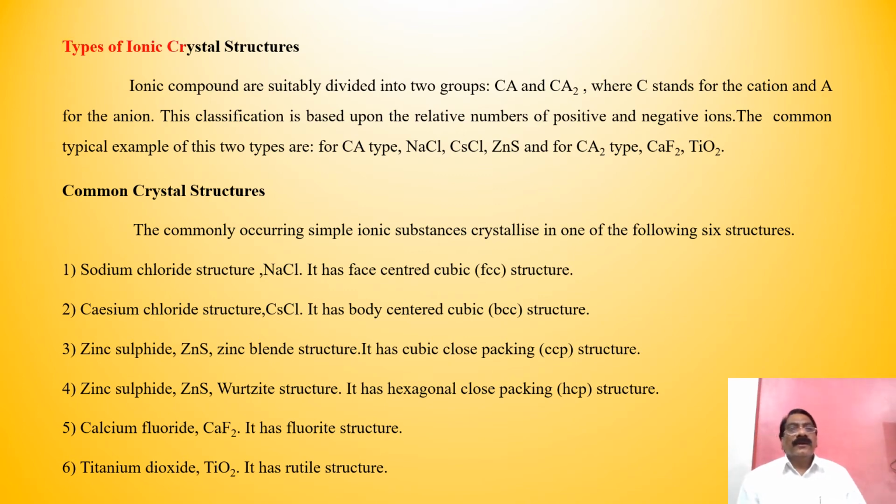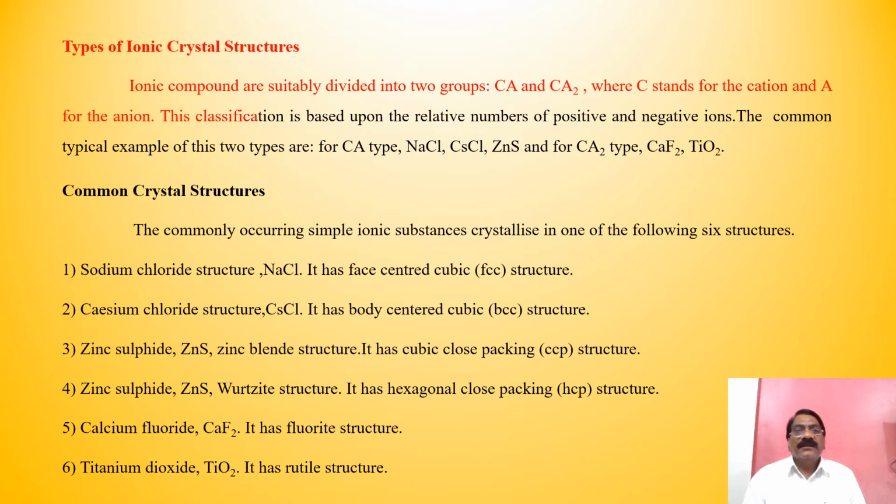Good morning. Today we are going to see the types of ionic crystal structures. Ionic compounds are suitably divided into two groups, that is CA and CA2, where C stands for cation and A stands for anion.